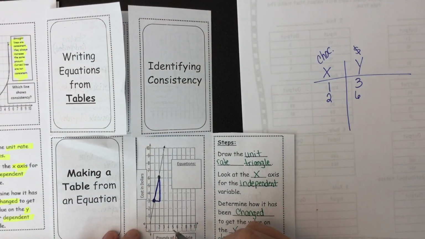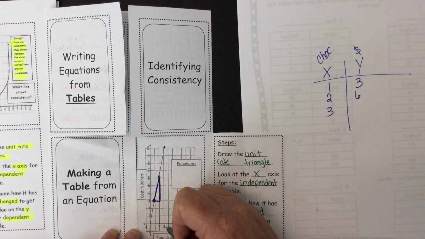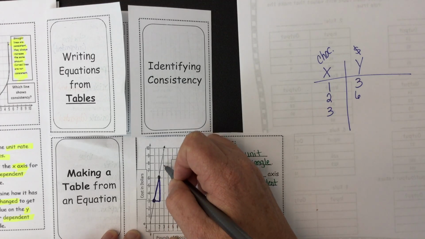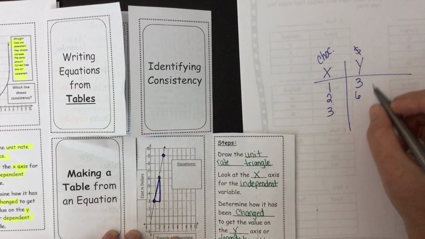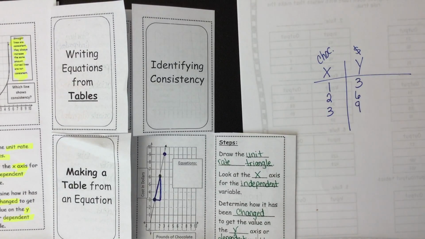Now, can I keep going? Okay, what do you think 3 pounds is going to be? $9. If I follow this up all the way up to where the line is, where is it going to go? $9. Now I have me a table, yes?